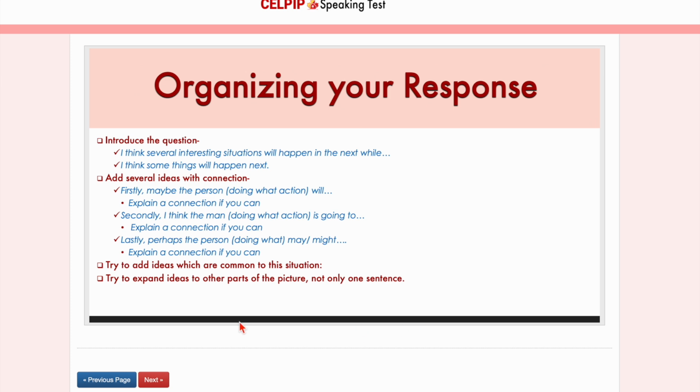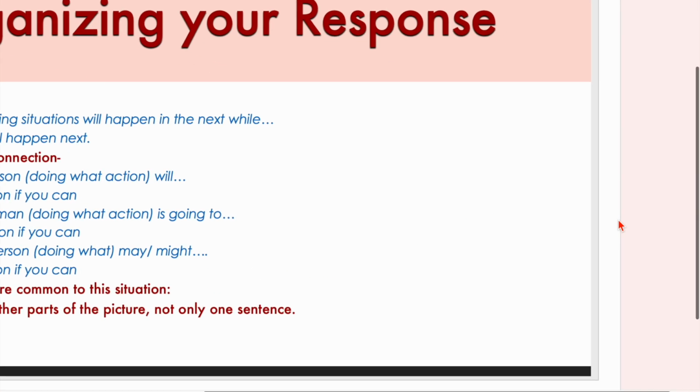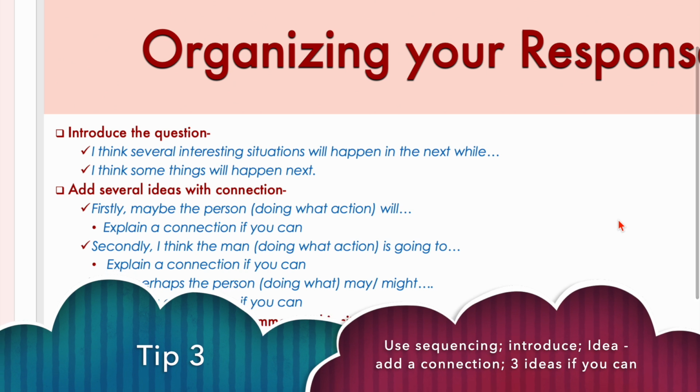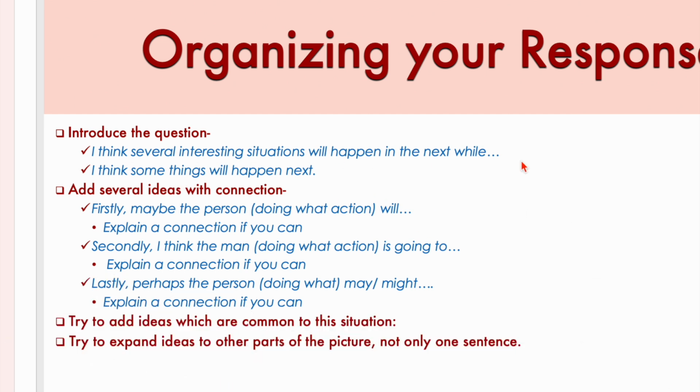And then for organizing our response, okay, I find this is a really good one. We have here a way to start. And then at least 3 ideas. That would be good. But always it's very good if you can connect ideas, everyone.